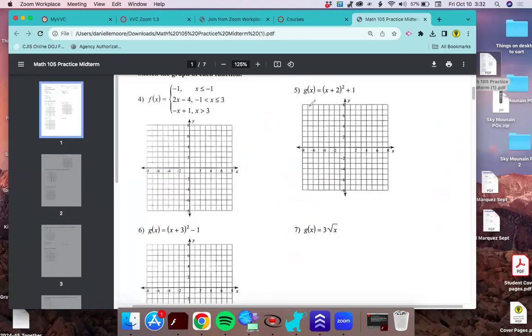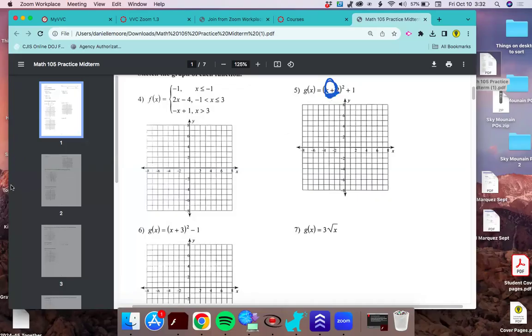So here we go. G of x equals x plus 2 squared, plus 1, something like that. I would look at that and be like, okay, the new 0 is negative 2 to make it zeroed out. When I say zeroed out, what we mean is we need some number to make a 0 happen, so you could end up with a 0 squared.